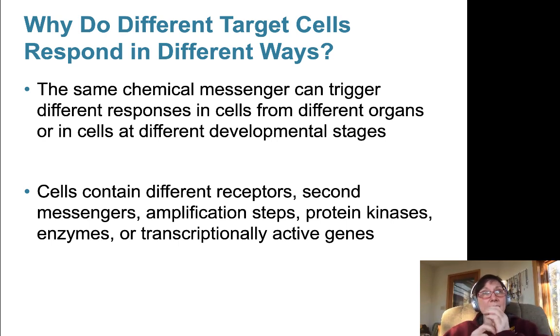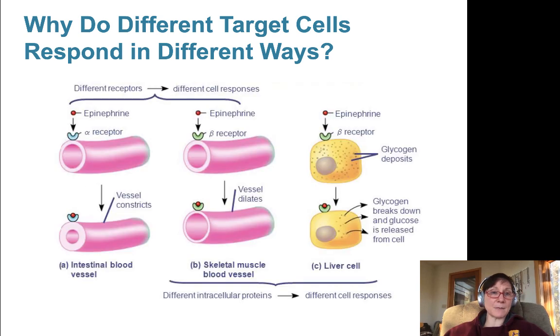This is because those cells are going to contain different receptors, different secondary messengers, different amplification steps. But maybe it's best to show you with a figure how this can be. For instance, you can take epinephrine as the signal. It's going to bind to either alpha receptors or beta receptors. And in this case, we're talking about the very same kind of organs.